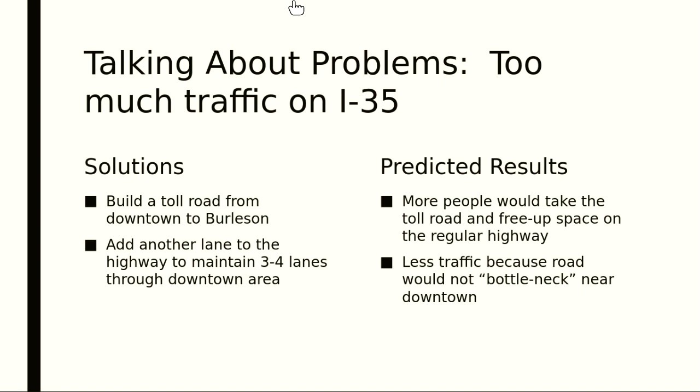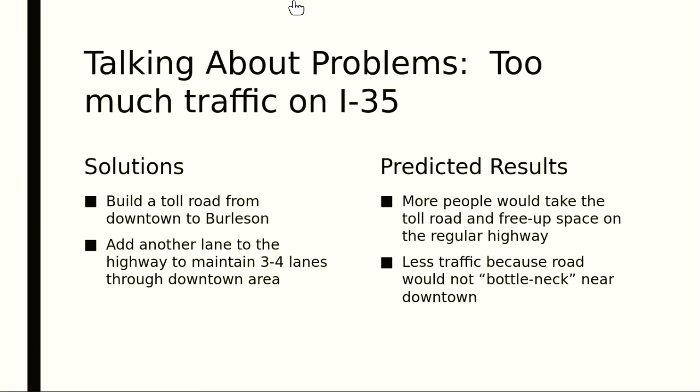This is kind of to help us get ready to talk, okay? So let's say that I want to use my topic of transportation problem, and my problem is there's too much traffic on I-35. So on the left side, I have 2 solutions, and on the right side, I have 2 predicted results.